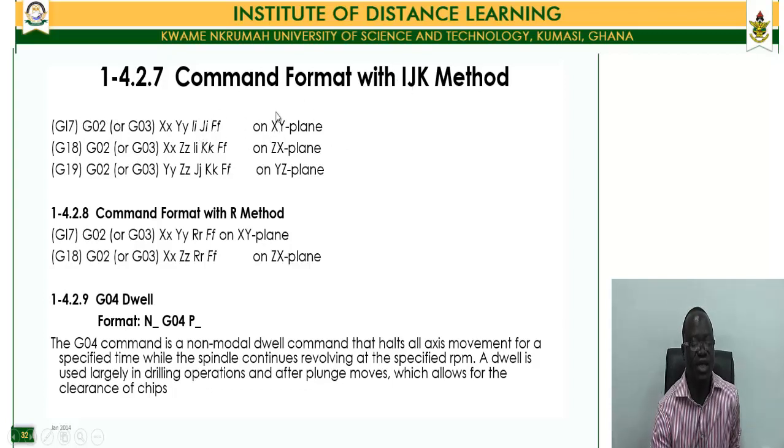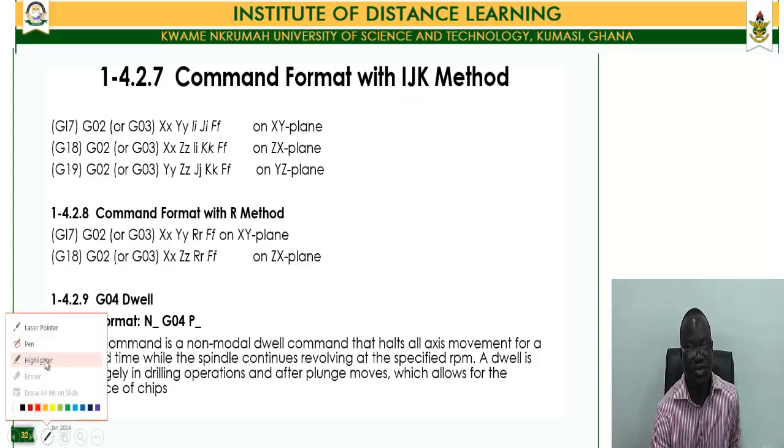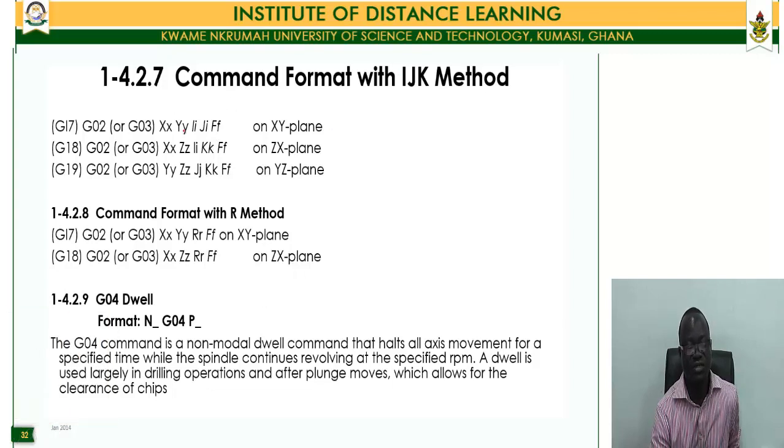If we are in the XZ plane, which is with the command G18, which tells you that you are in the XZ plane, then we will be programming using X and Z values, and the radius will be I and then K, standing for the vector coordinates for the X and Z. If you are in the YZ plane, then you will be using the Y and the Z coordinates, and the vector coordinates will be J and then K in the YZ plane. So we have to take note of this.